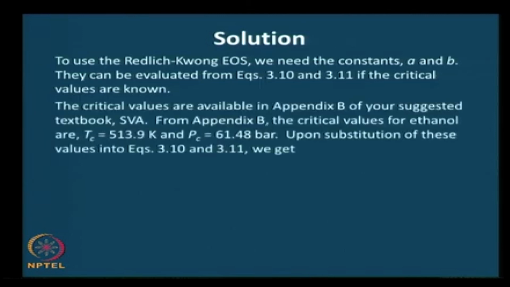The critical values are available in Appendix B of Smith, Van Ness and Abbott, which gives you the values of the critical temperature and critical pressure. From Appendix B, the critical values of ethanol are critical temperature Tc is 513.9 Kelvin and the critical pressure is 61.48 bar.